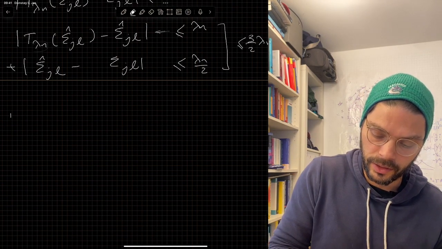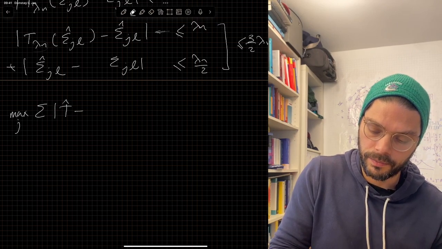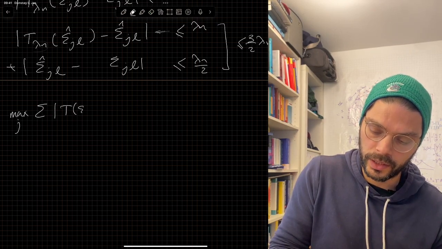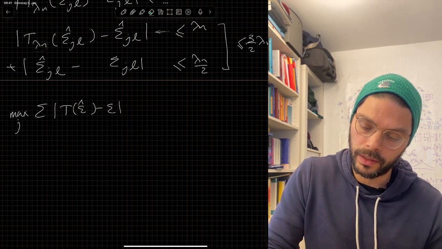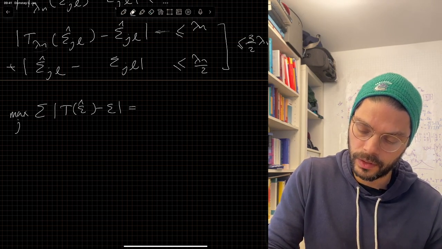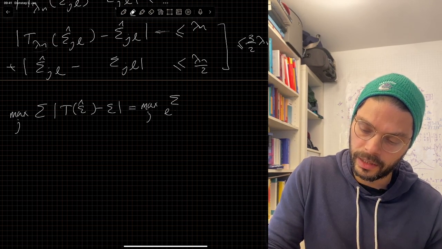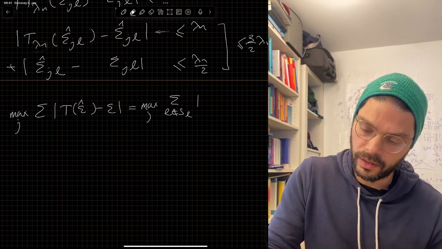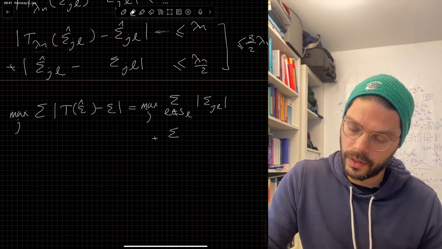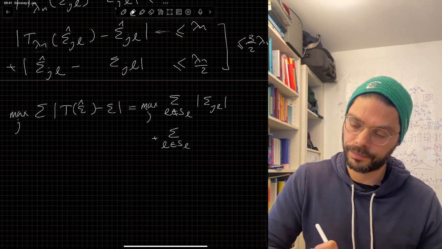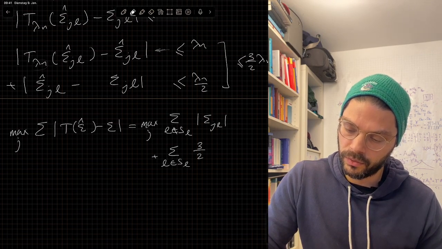So we've got that the maximum over j of the sum of the thresholding thing minus the original is going to be less than or equal to the maximum over J of the sum over L not belonging to S of L of sigma JL, plus the sum over L belonging to S of L of 3 over 2 lambda n.